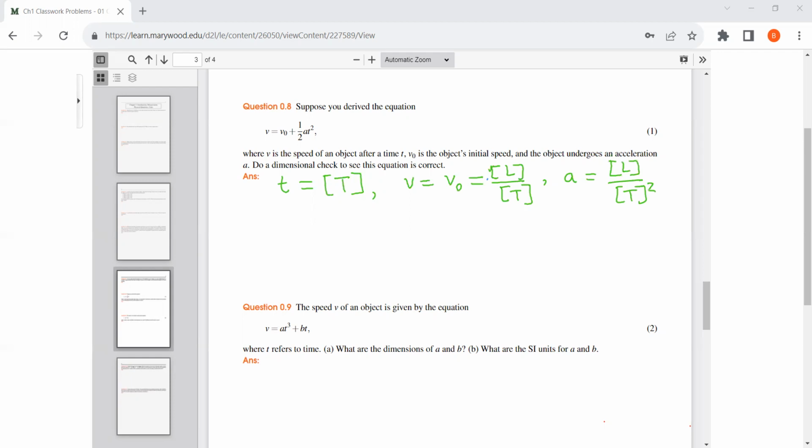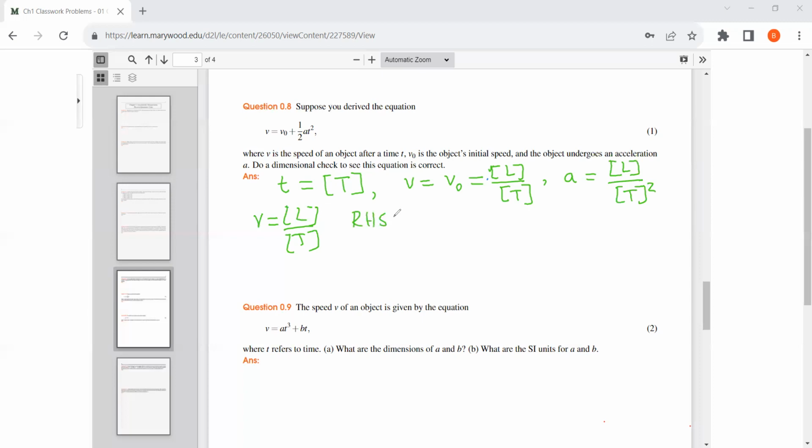Now here you see that the left hand side is just v, so the dimension of v is L over t. So it tells us all the quantities in the right hand side should be in this dimension. Let's check the right hand side.